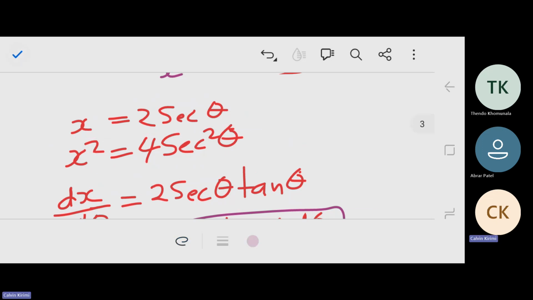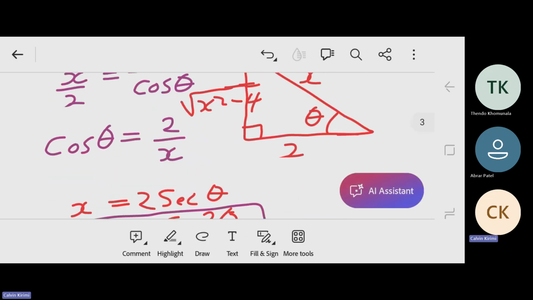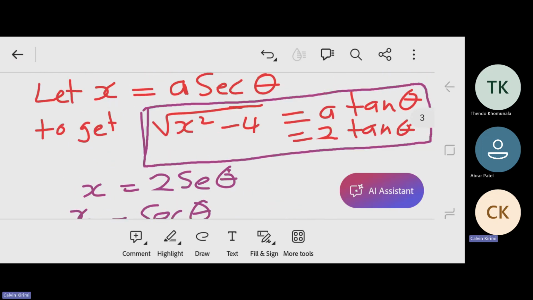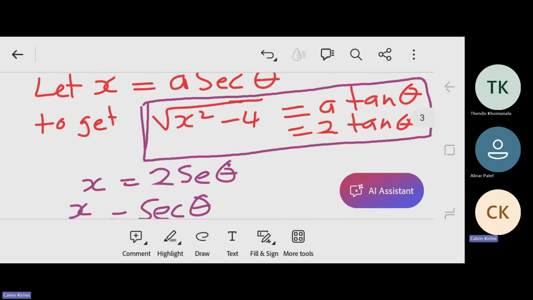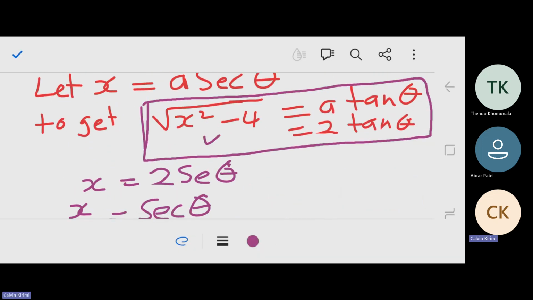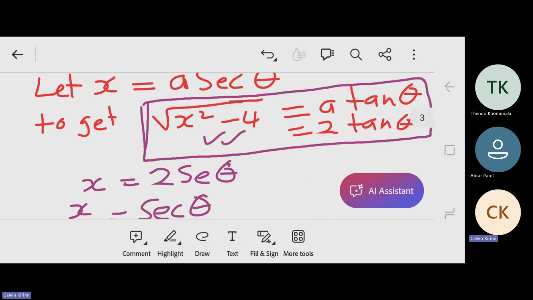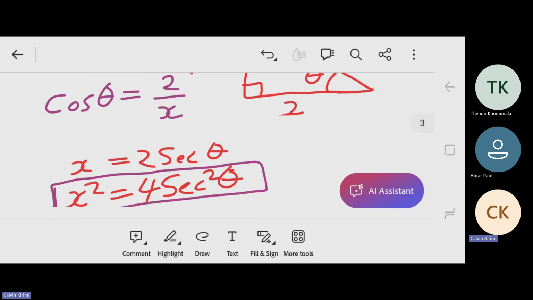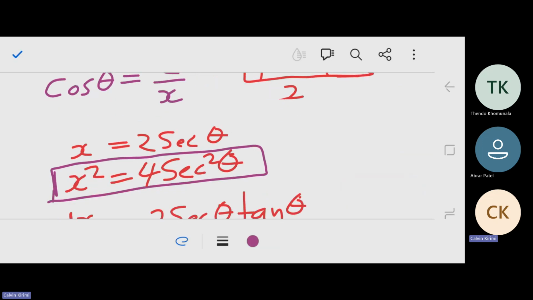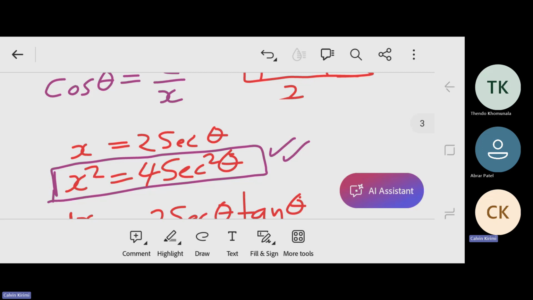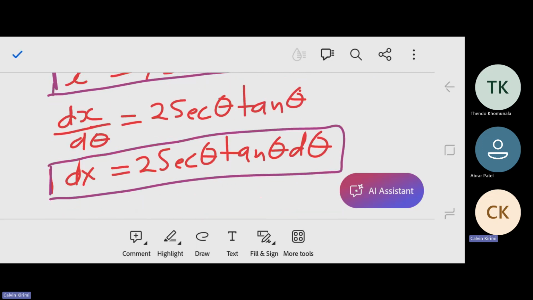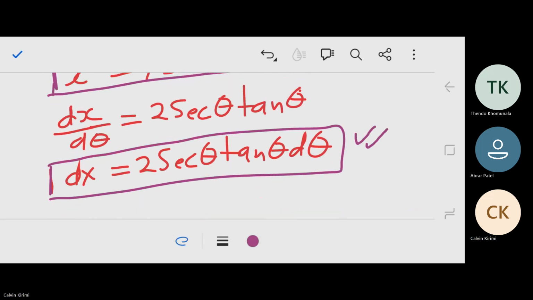Under the square root we put 2 tan theta. Then under x squared we put that, and where there is dx, we replace dx with that.